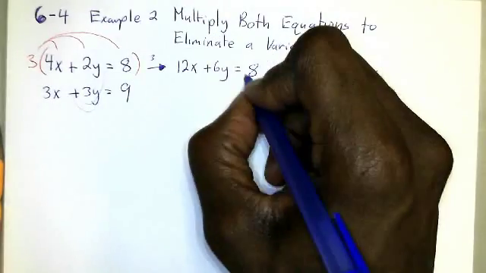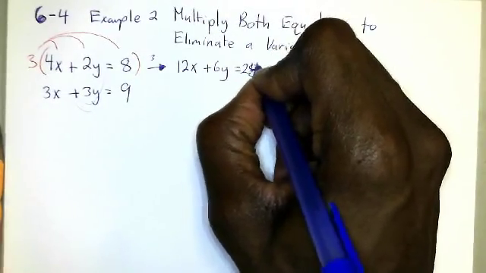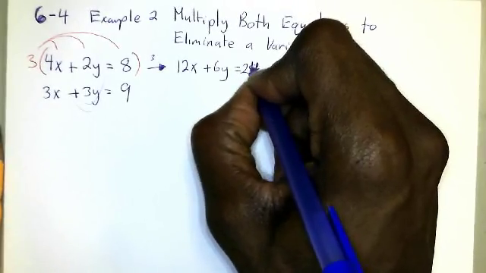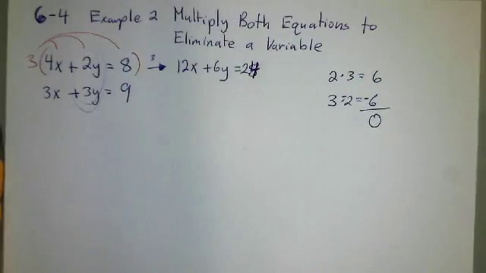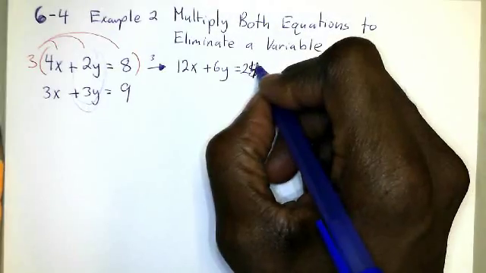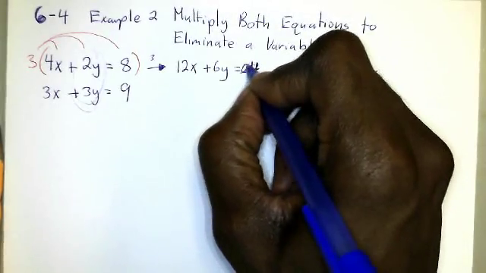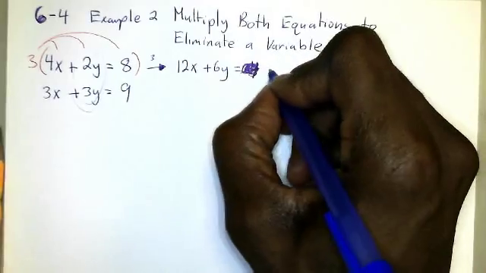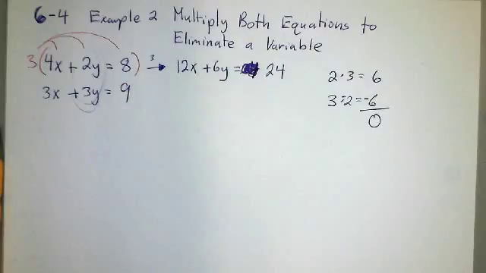I'm sorry, 24. Don't mind me. This would be 24, not 8. Actually, let me erase it so it won't confuse you guys. This would be 24. Alright?